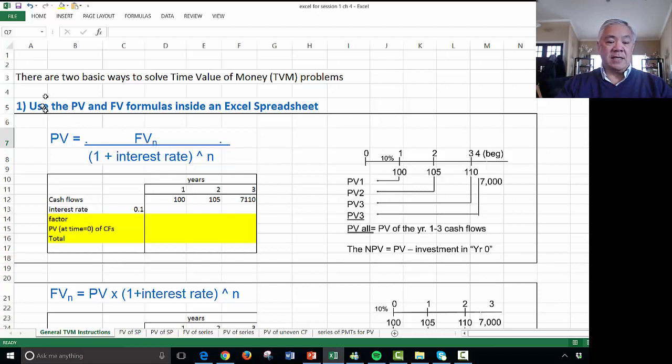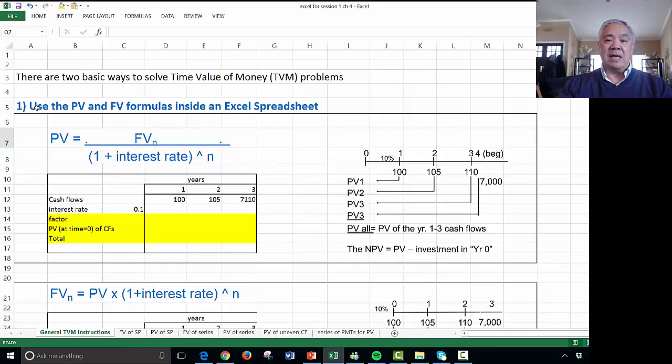First, there are 2 basic ways to solve time value of money problems. The first is to use the formula that we just derived, that PV and FV formula, and simply code that into the cells in Excel. I'll call that using formulas, right? Where we say PV equals FV divided by 1 plus i to the n power. That's a formula.